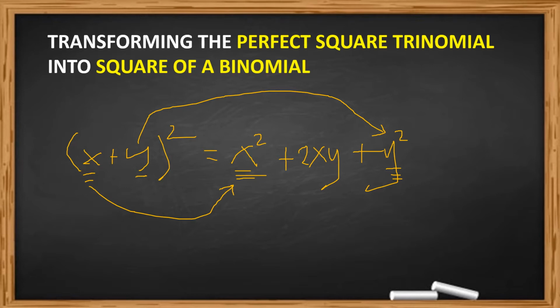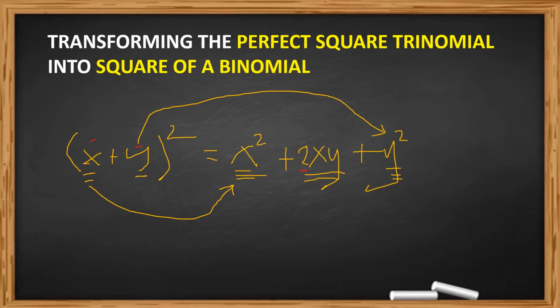And the middle term is the product of the two terms in our binomial, namely x and y, multiplied by 2 here.